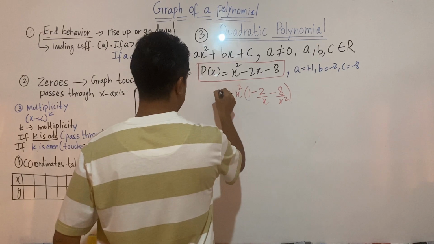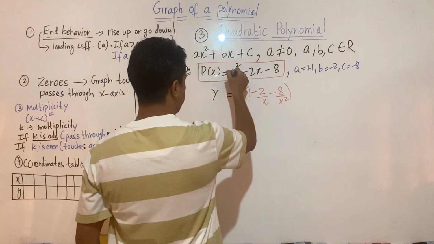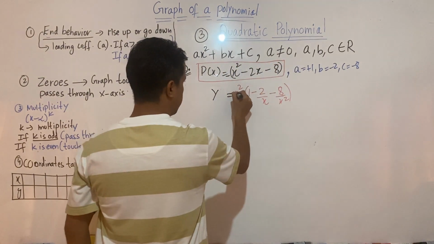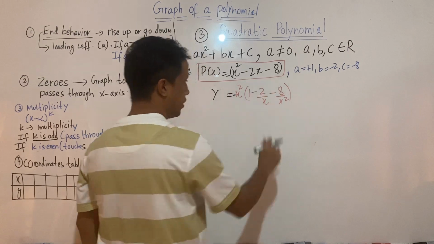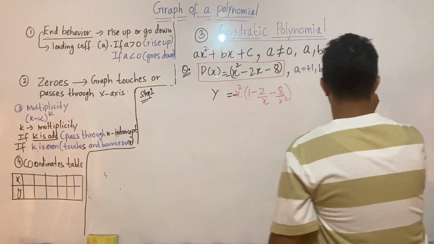So this is my equation. Now here I will put a minus, then here minus x squared.